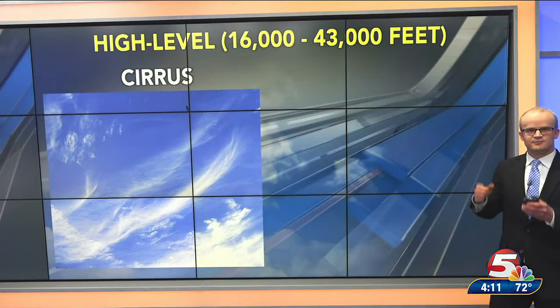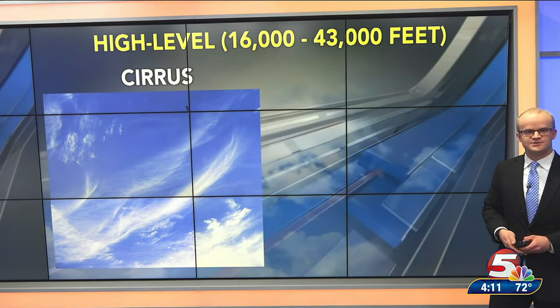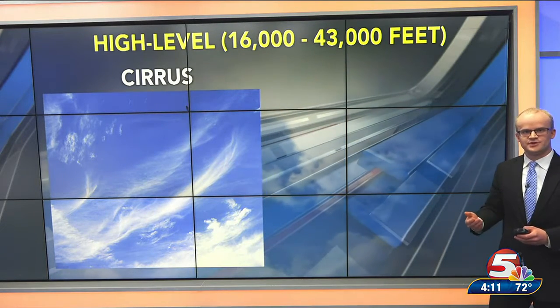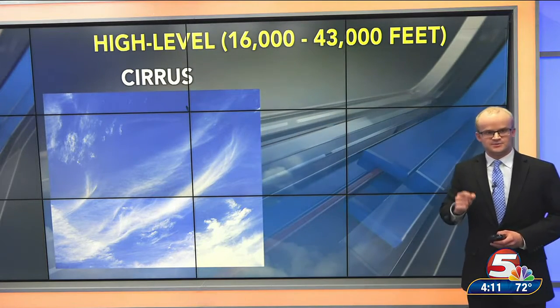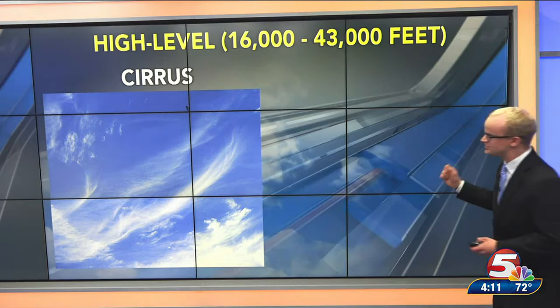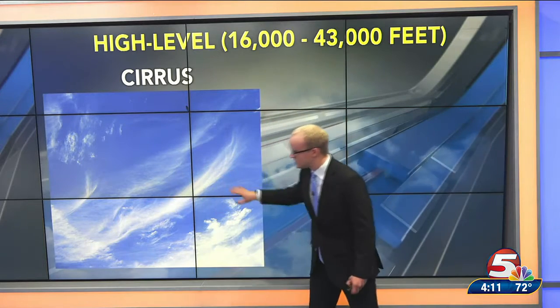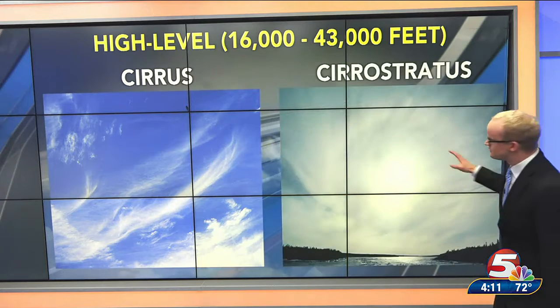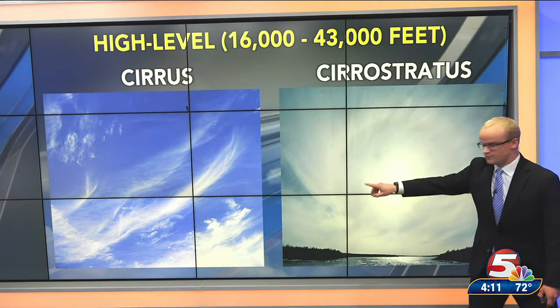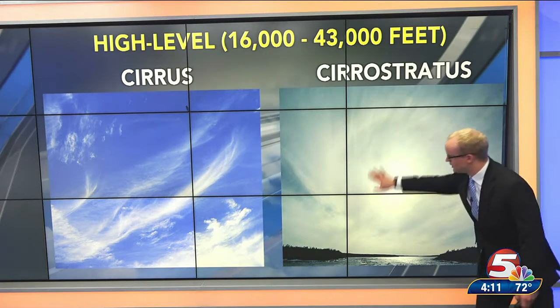So let's go level by level, starting at the high levels of the atmosphere, between 16 and 43,000 feet up. That's where planes fly, 30,000 feet or higher. These clouds are made of tiny ice crystals. Cirrus clouds are those wispy clouds that we see generally on fair weather days or ahead of a storm system. Cirrostratus clouds are like cirrus clouds, but on a much broader scale.